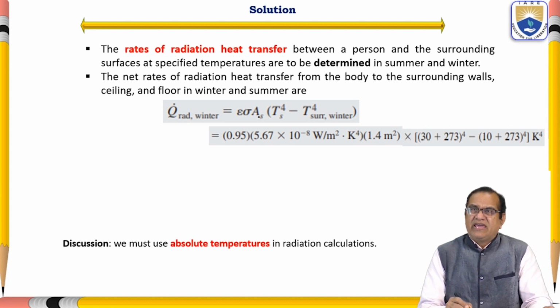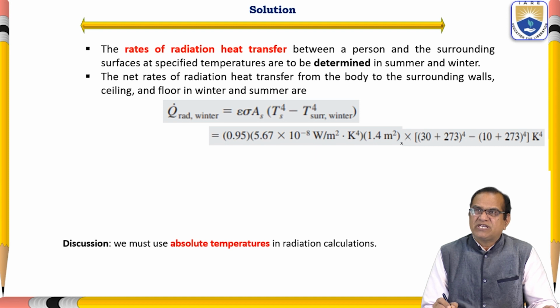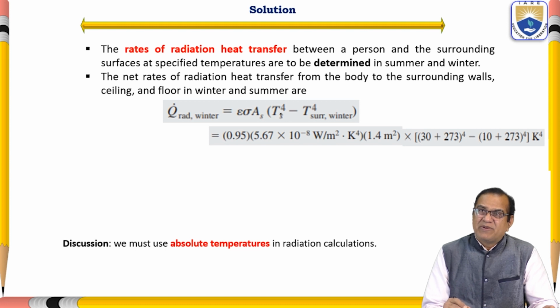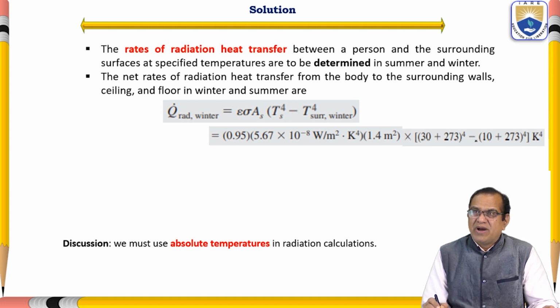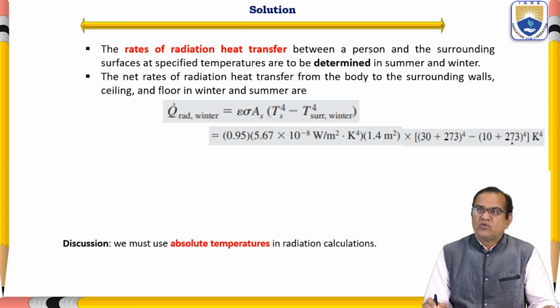Then the area is 1.5 meter square. The temperature of the surface of the person is 30 plus 273, minus 10 plus 273, all to the power 4, in kelvin to the power 4.